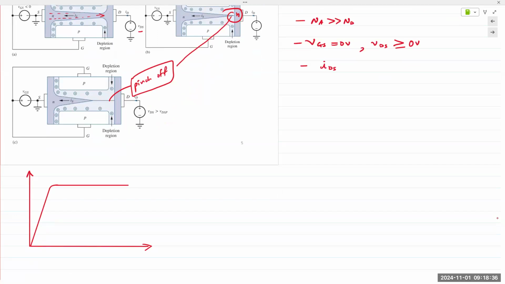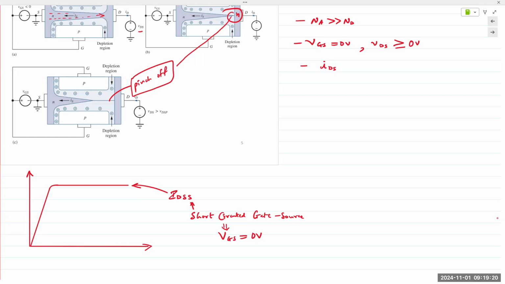And this level of ID is known as IDSS. It is the value of the current IDS with a short circuit between the gate and the source. So this S right here stands for short circuited, gate to source, meaning VGS is equal to 0 volts.